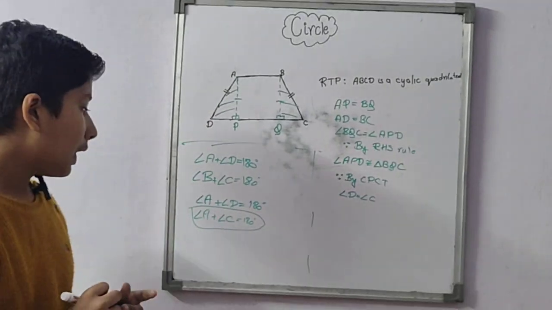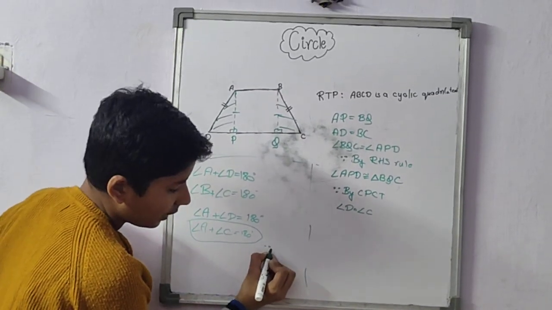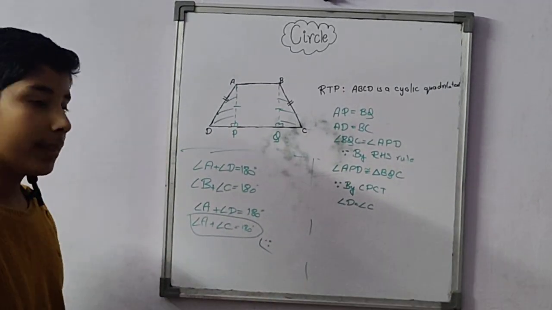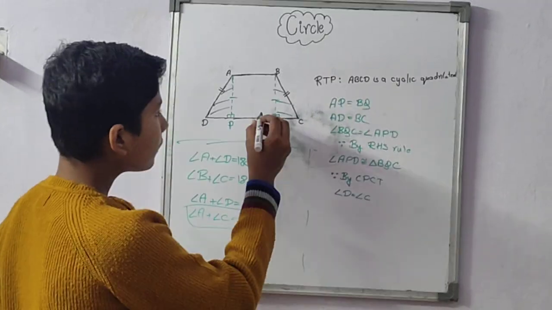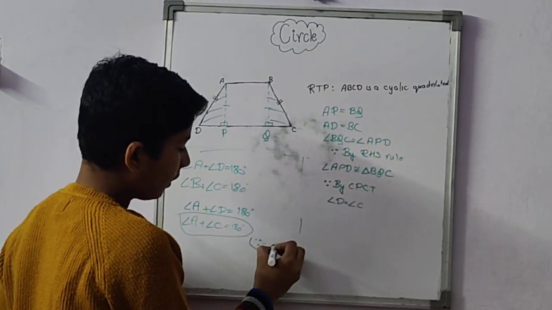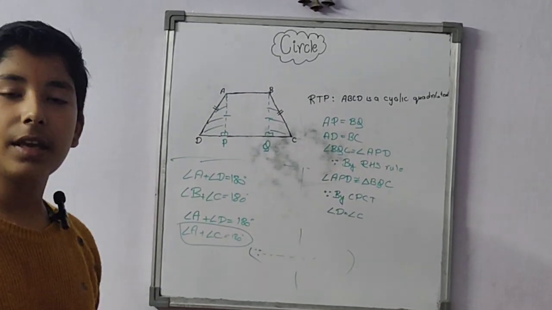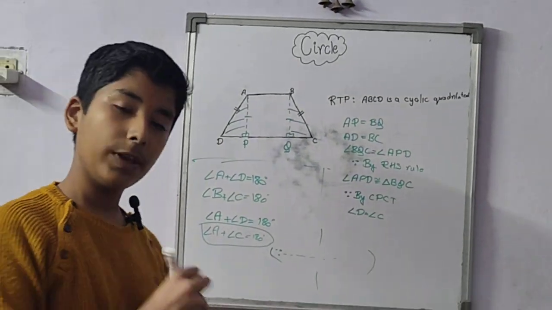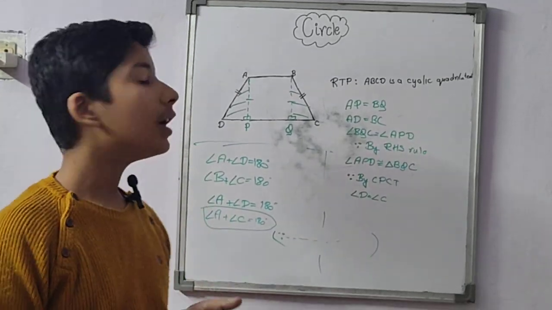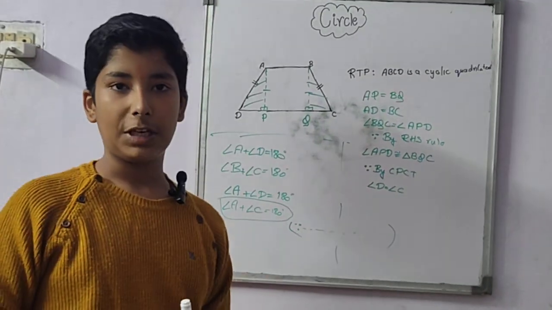After solving this, you can just write in bracket, since the sum of opposite angles is 180 degree in a quadrilateral, so we can say the quadrilateral is a cyclic quadrilateral.